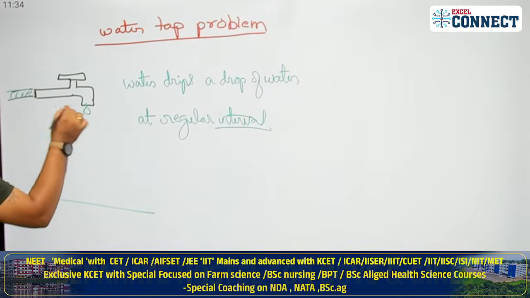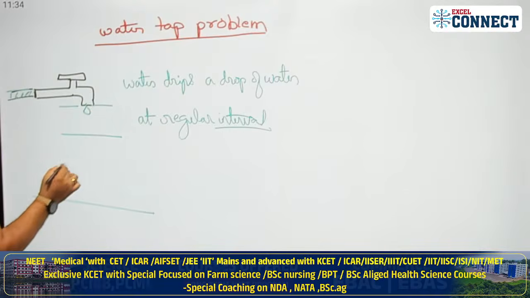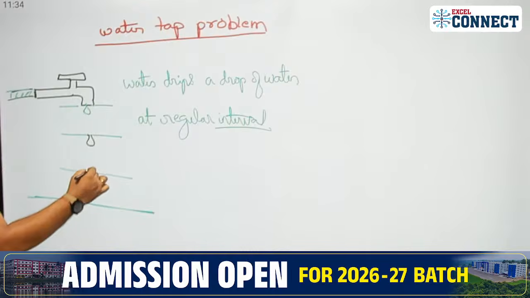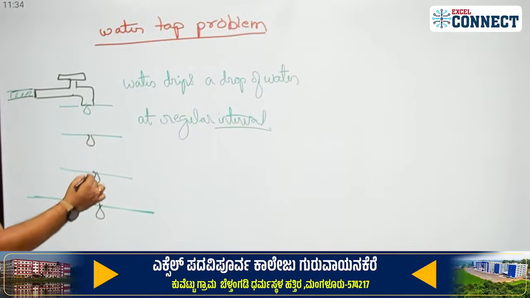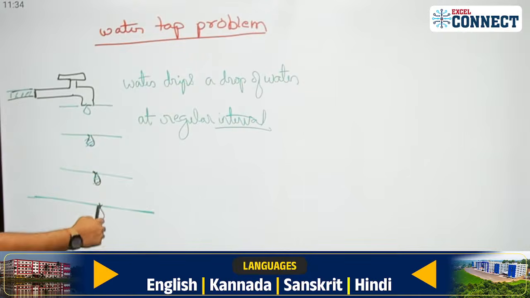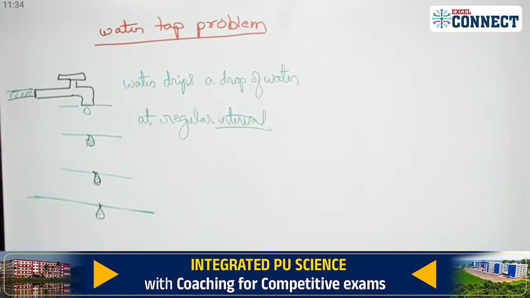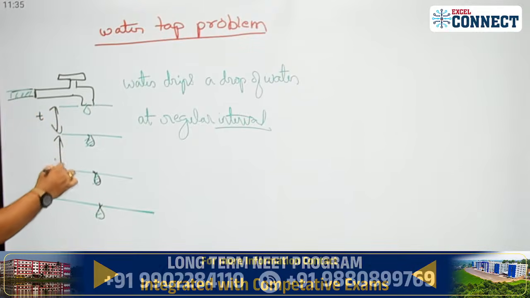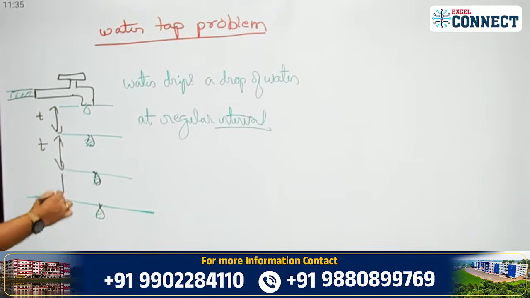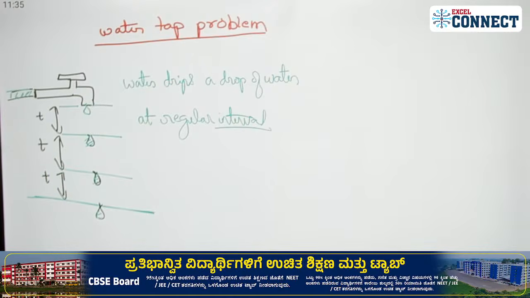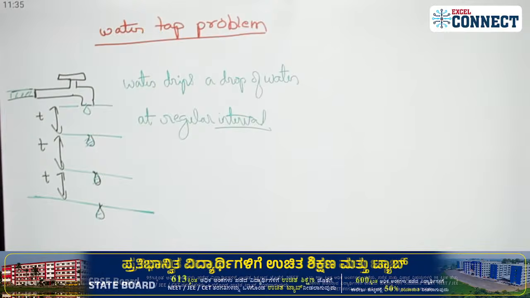So it means at every equal interval there will be a liquid drop, right? At every interval there will be a water drop. So what will be the interval of this? If this is t, this interval also t, and this interval also will be t, right? So let us solve this for a simple case.